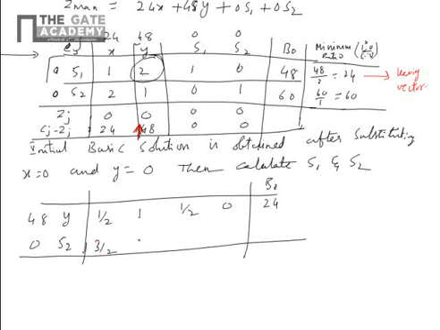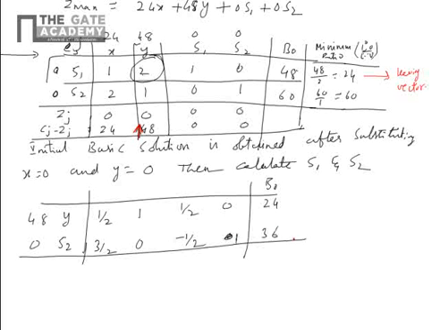Similarly here, 1 minus 2 into 1 by 2 is 0. Next, in the earlier table it was 0, 0 minus 1 into 1 by 2 is minus 1 by 2. In the earlier table it was 1, 1 minus 2 into 1 by 2 is 0. Sorry, 1, 1.